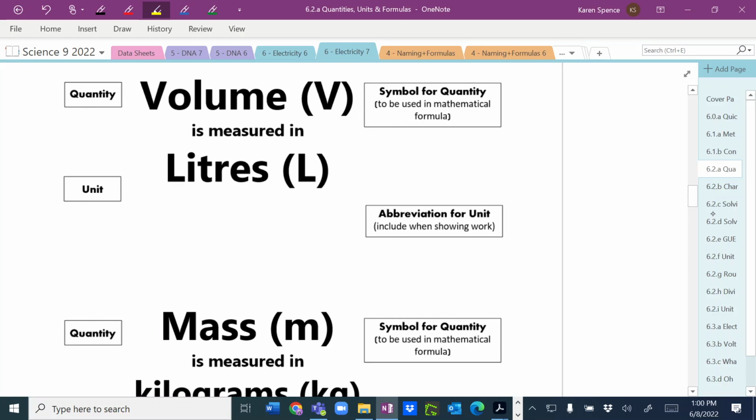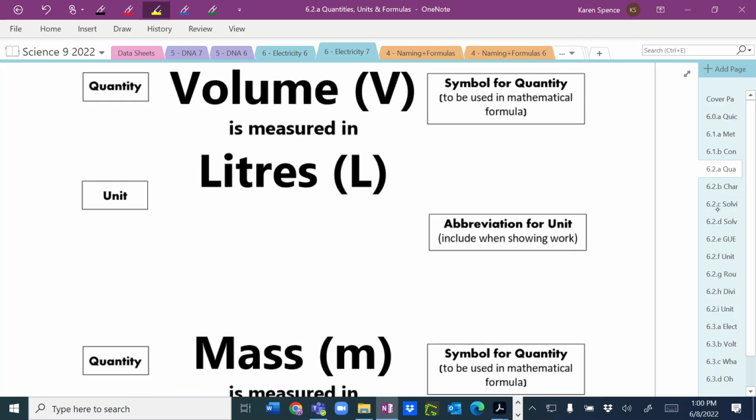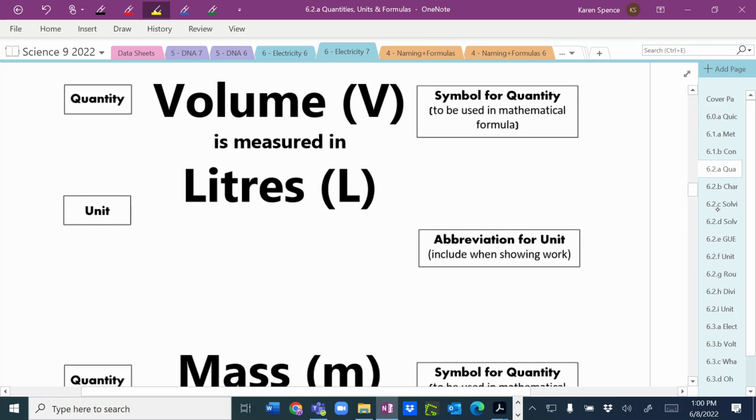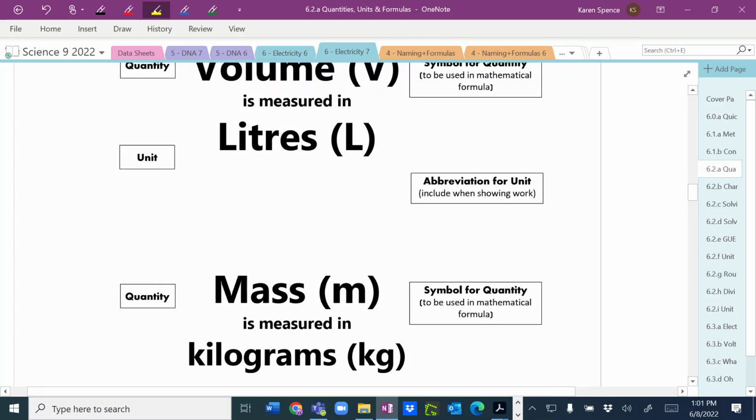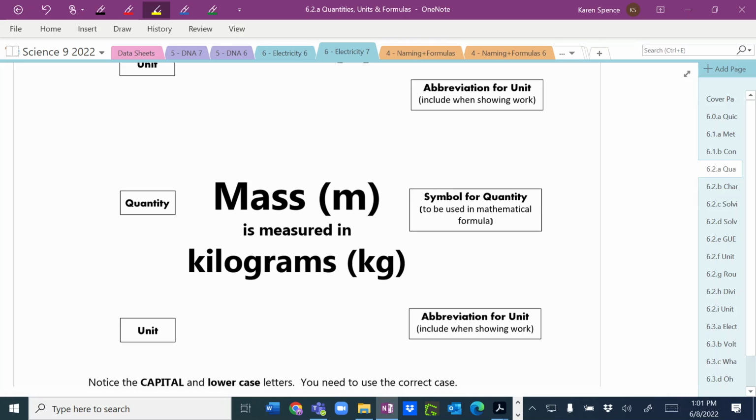All right, let's do another one. Here we go. We have volume. That is our quantity, and it is measured in liters, capital L. We have mass, which is our quantity, lowercase m, and it is measured in kilograms, lowercase k, lowercase g.